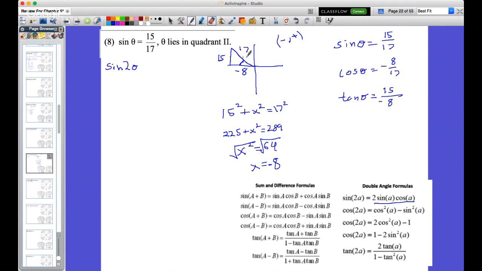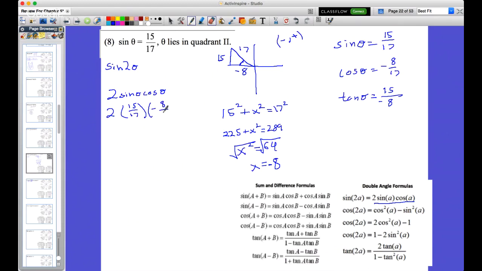And so for sine of 2 theta, I'm using this first equation. That's going to be 2 times the sine of theta, cosine of theta. Now we know that the sine of theta is equal to 15 over 17. What's the cosine of theta equal to?